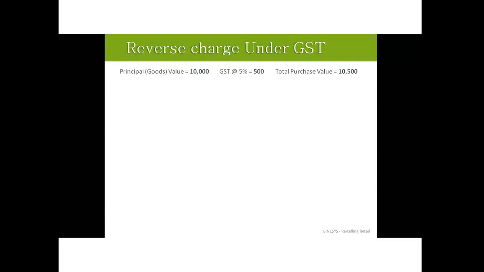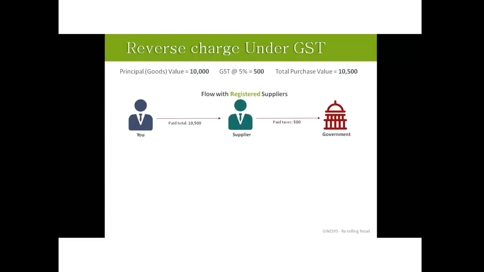But in case of an unregistered party, since they are not registered under GST, they won't be charging you any GST, but the government wants you to pay GST on their behalf, and you will get the input credit for the same. I'll explain with an example.